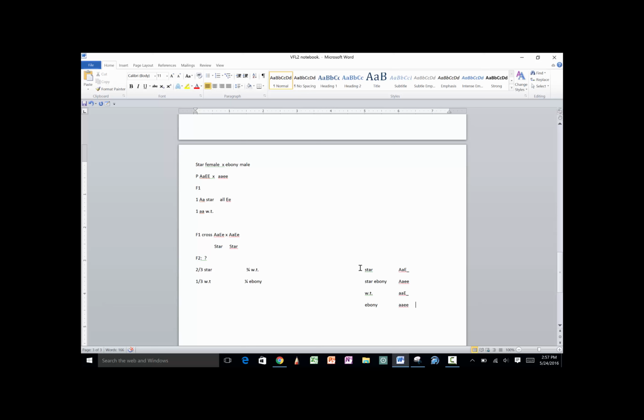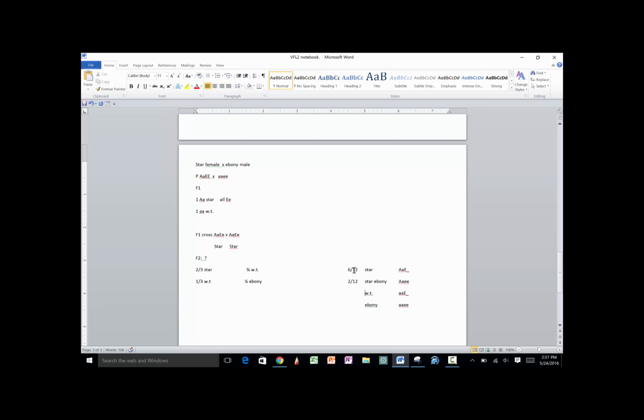So star and wild type: 2/3 star, 3/4 wild type. 2 times 3 is 6, so that's 6/12, which is also 1/2. Star and ebony, 2/3 star, 1/4 ebony, that's 2/12.